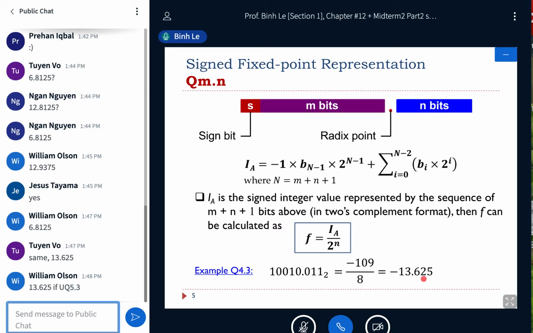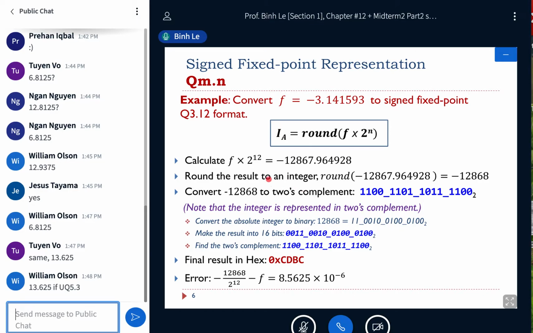First of all, find out the integer value that the binary number represents, by multiplying f with 2 to the n. In this case, you multiply f by this, and you will get minus something over here.